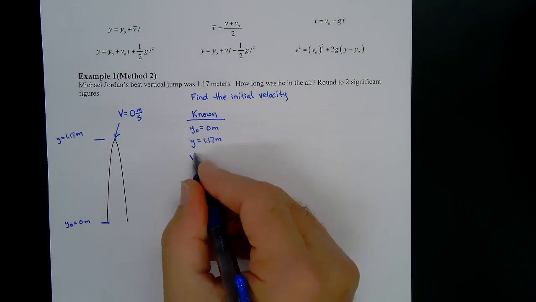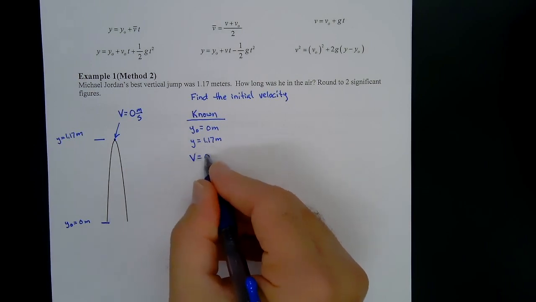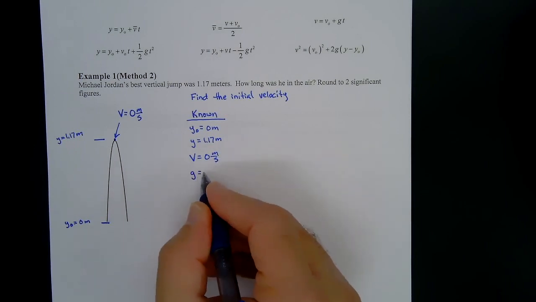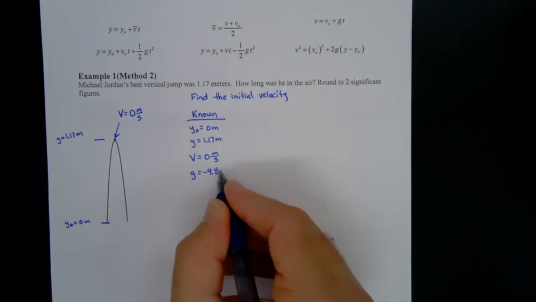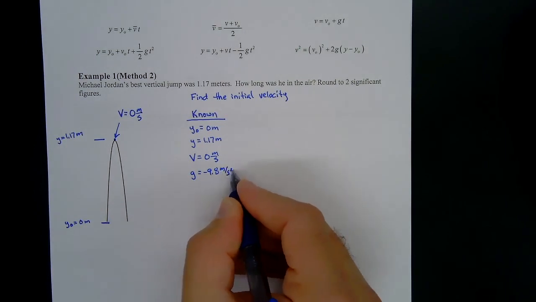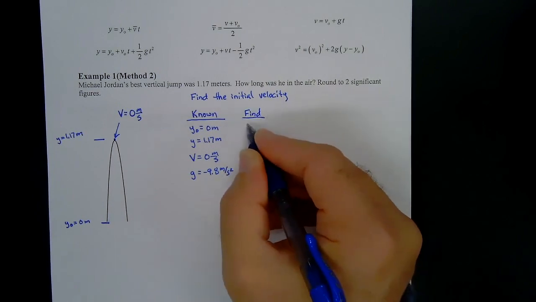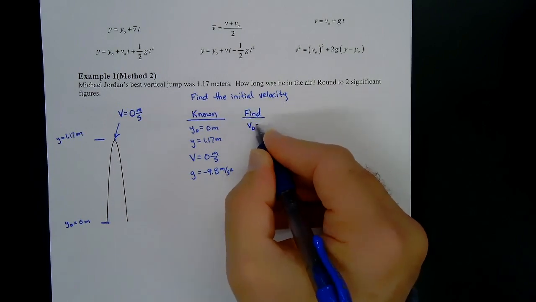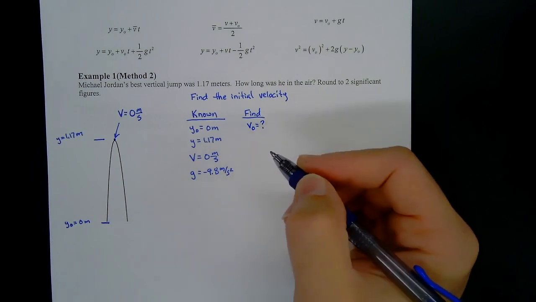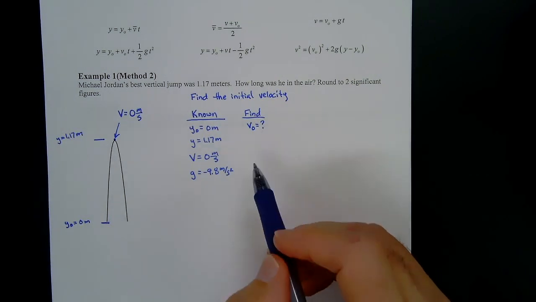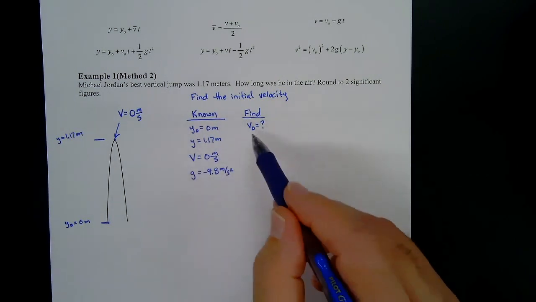So v is equal to 0 meters per second. And I also know that g is equal to negative 9.8 meters per second squared. And this time I'm trying to find v sub o. So what's that starting velocity? Okay. And so what I can do is, this isn't involving time at all.